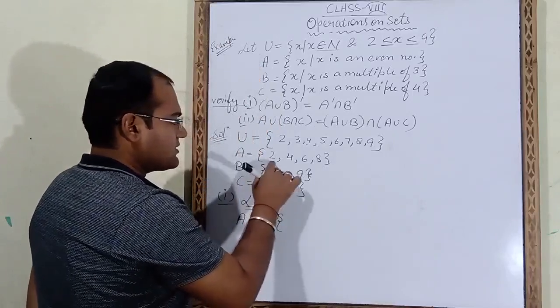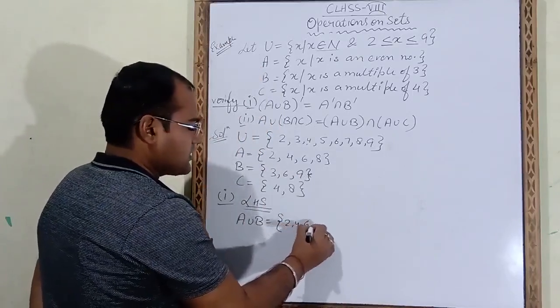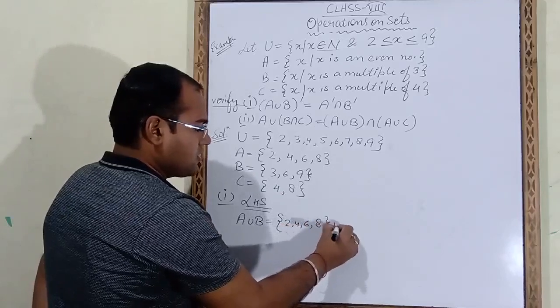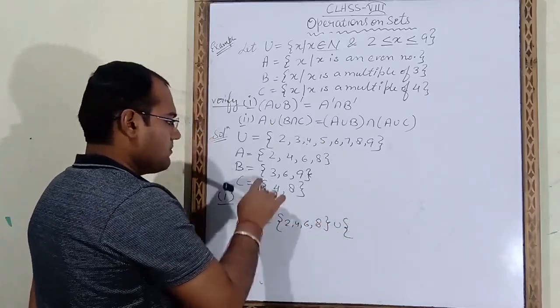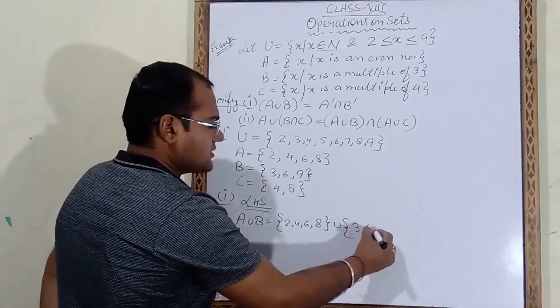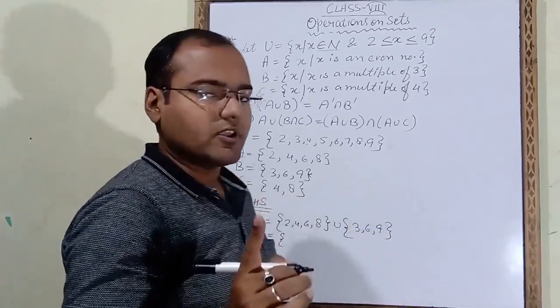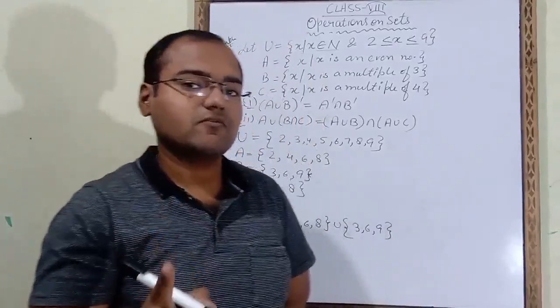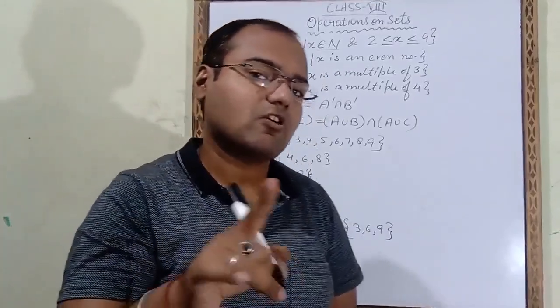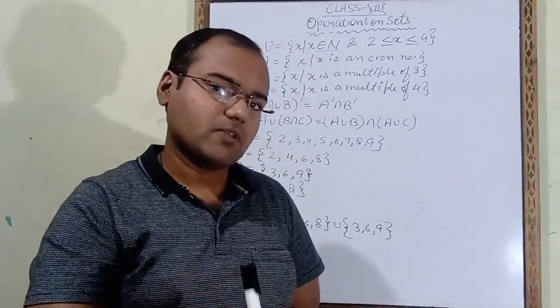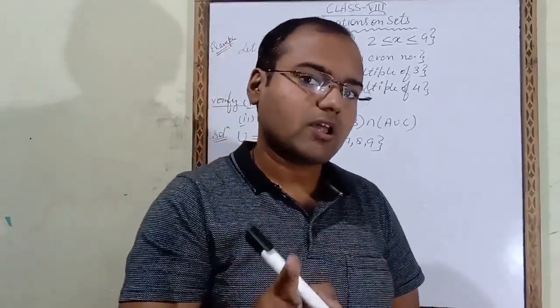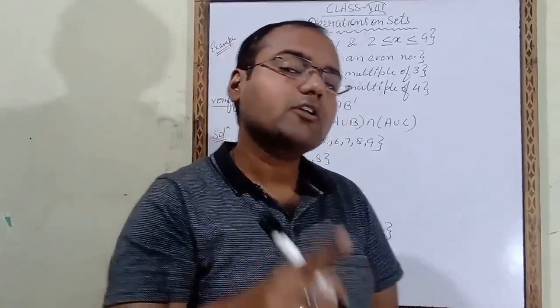A elements are 2, 4, 6, 8. Union B. B elements are 3, 6 and 9. So what is the definition of union? We have to write either elements of A or elements of B, or both.